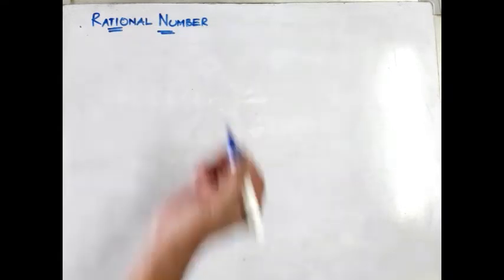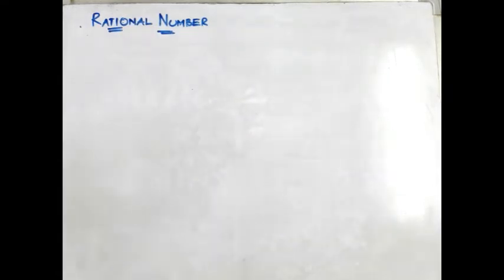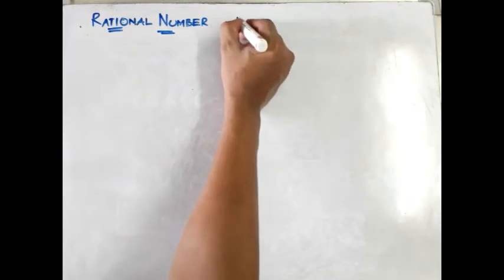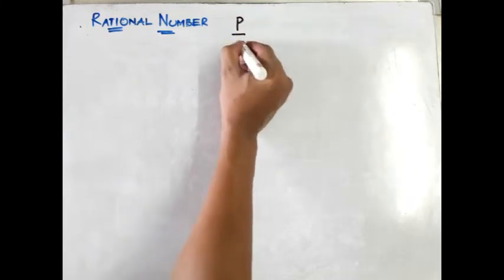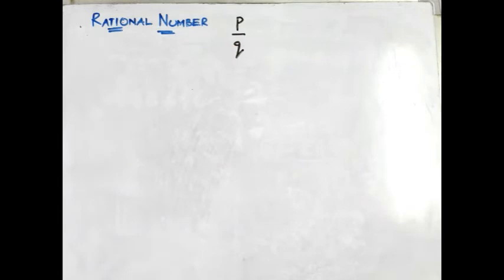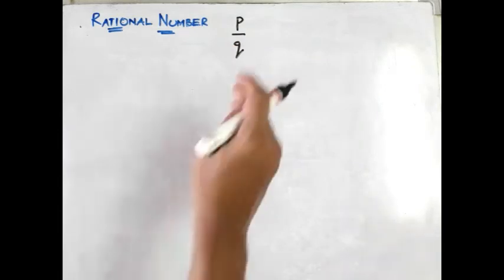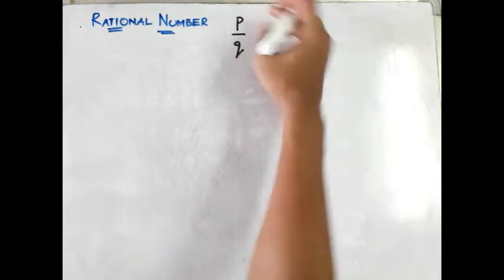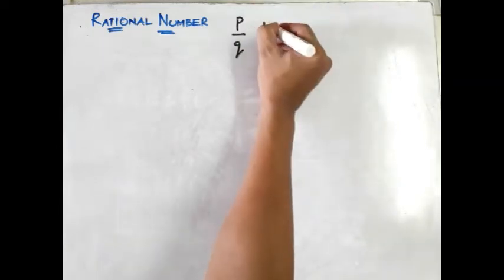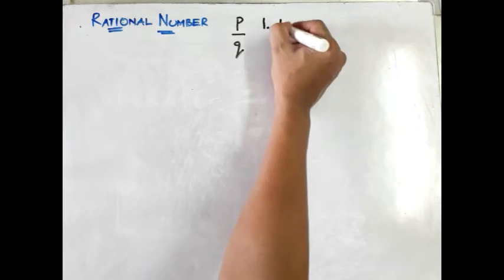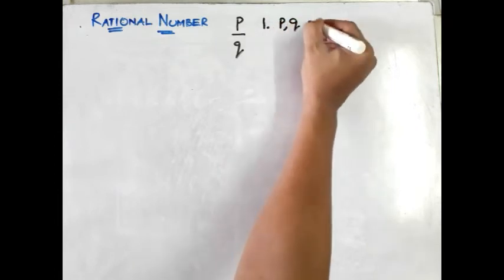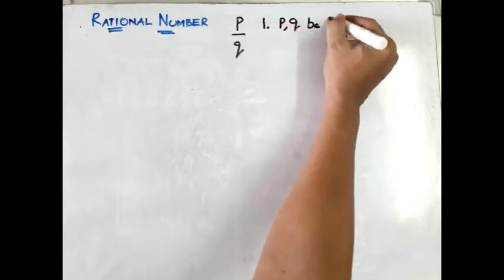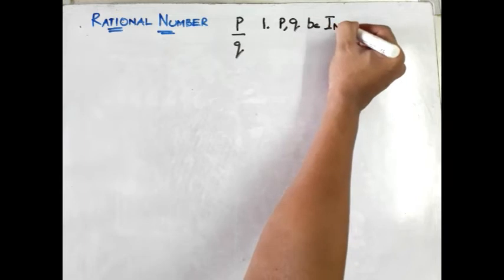As you know, when any number is written in the form p by q, the two conditions which this number should satisfy are: the first one is that p and q must be integers. This is very important.